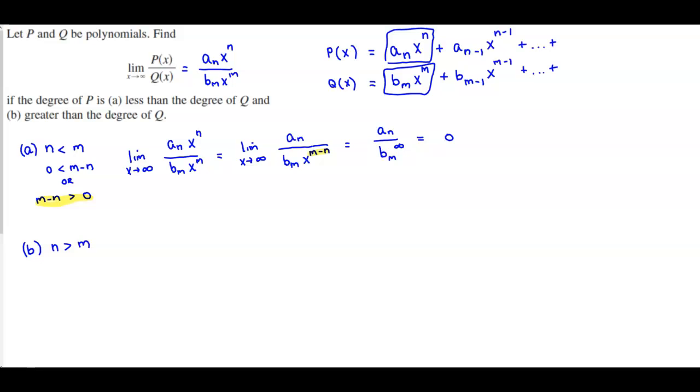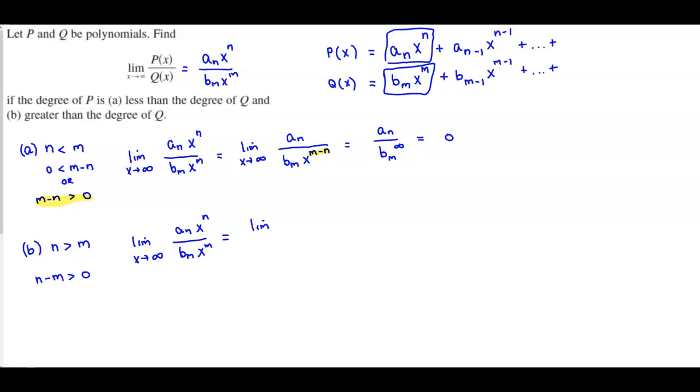If we subtract m from both sides, then we get n minus m, which is greater than 0. So now let's take a look at the limit. The limit as x approaches infinity of a subscript n x to the n divided by b subscript m x to the m is going to equal the following.